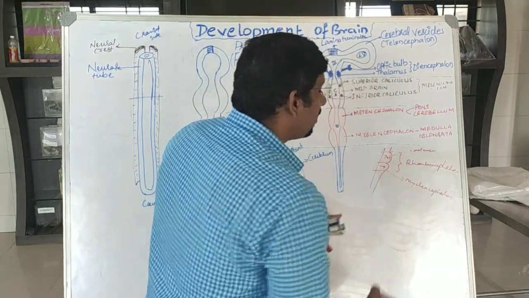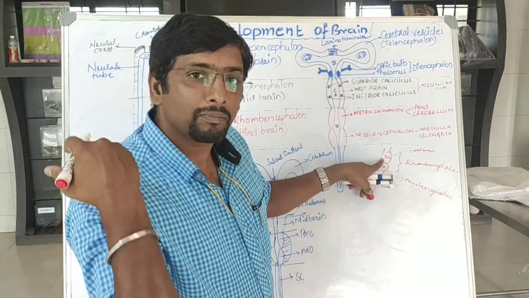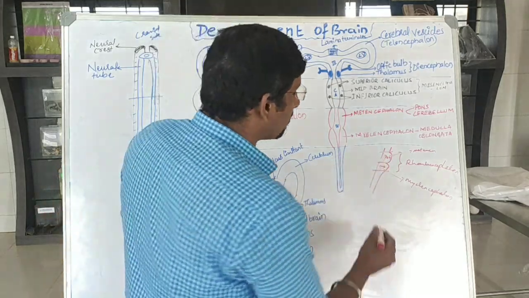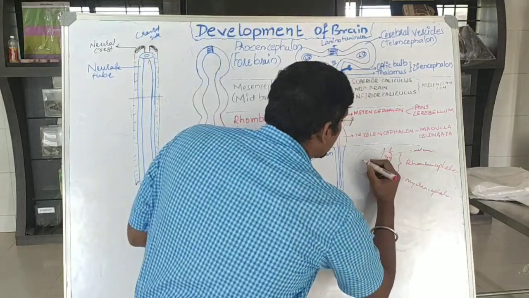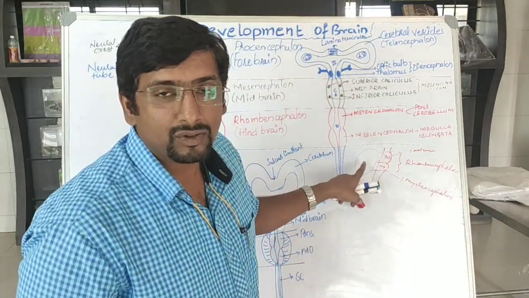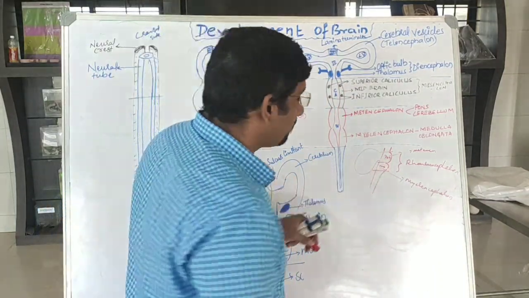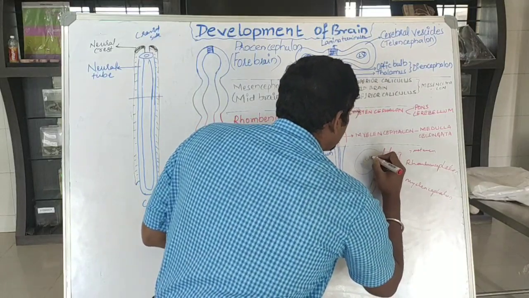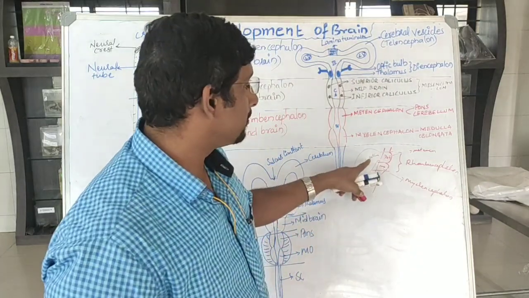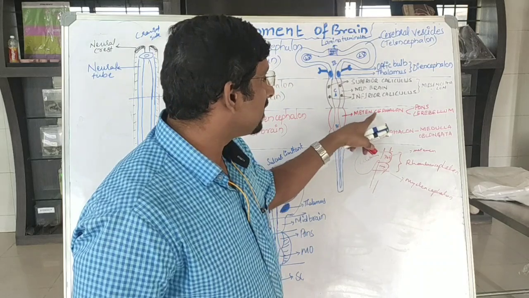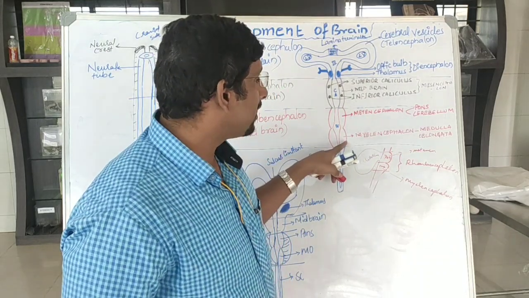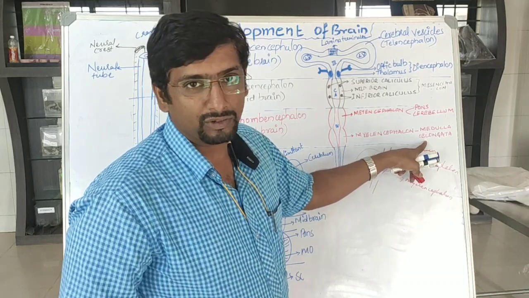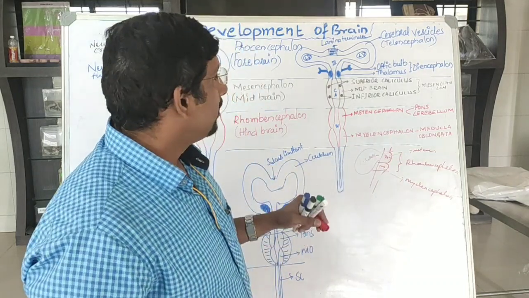On the posterior aspect there is an elevation like this, and this elevation is going to form the cerebellum. So from the metencephalon, the pons and cerebellum form, and from the myelencephalon, the medulla oblongata forms.